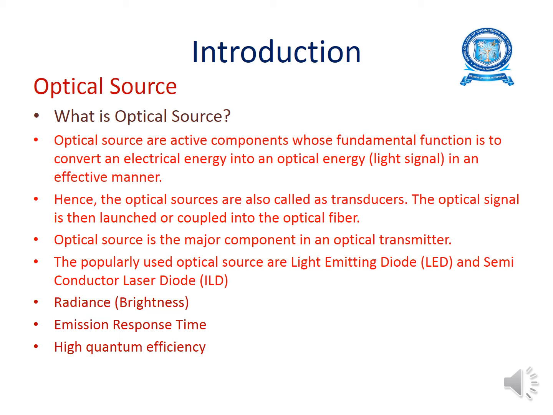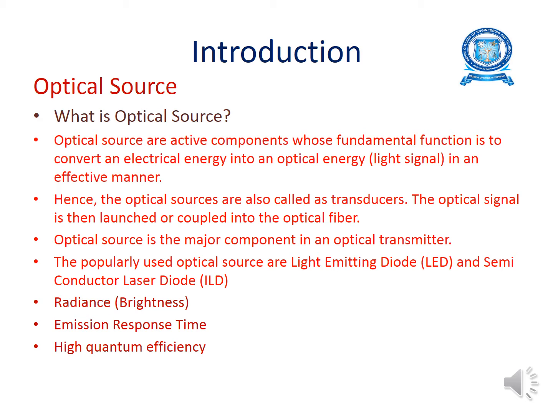Also, they give adequate output power over a wide range, have a small emissive area compatible with fiber core dimension, and allow direct modulation, that is, the optical output power can be directly modulated by varying the input current at relatively high frequency. So for these reasons, we are considering LED and laser as optical light sources.